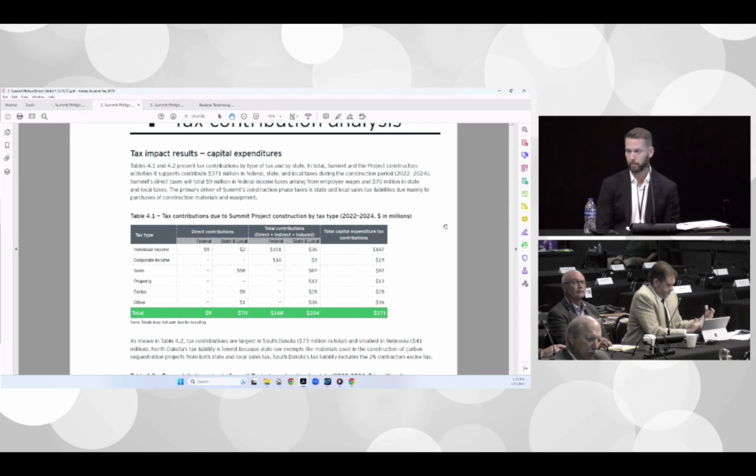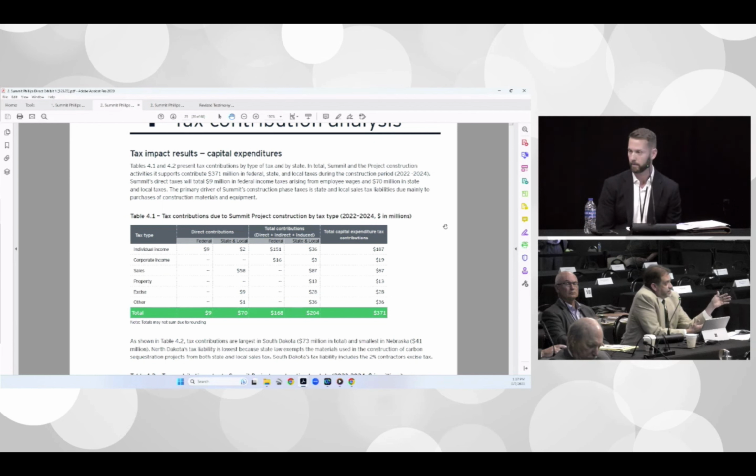So I'm going to express to you my understanding of that, and correct me if I'm wrong. You've basically used IMPLAN's ability to do indirect and induced effects to produce an estimate of the taxes paid through those indirect and induced economic transactions. Is that right? Yes. So let's do the same thing with the tax contributions that we did with the total economic impact a few minutes ago.